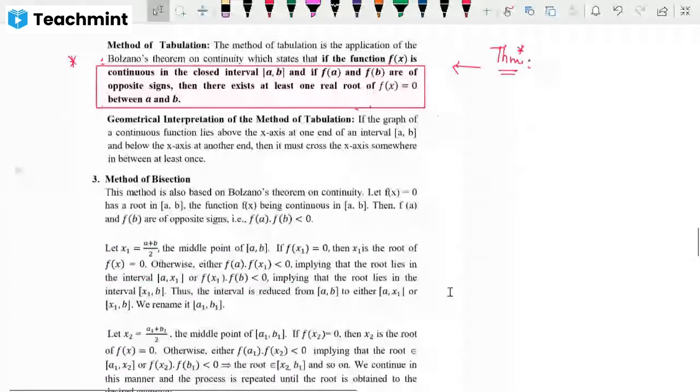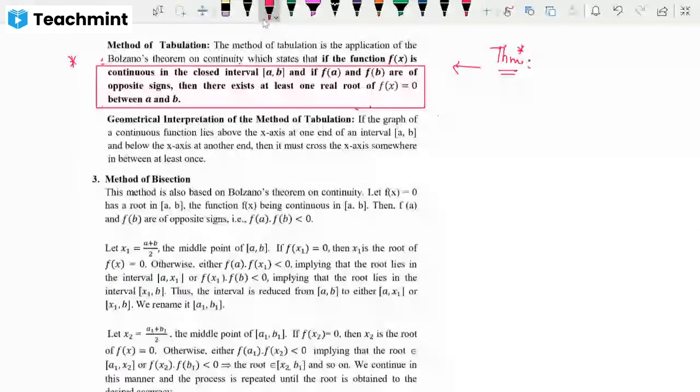If the function f(x) is continuous in the closed interval [a, b], and if f(a) and f(b) are of opposite signs, then there exists at least one real root of f(x) = 0 between a and b. This is the statement of this theorem.